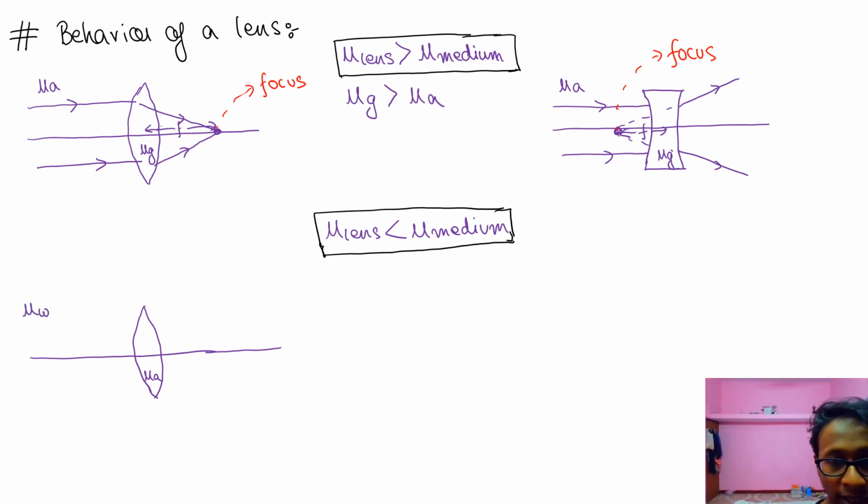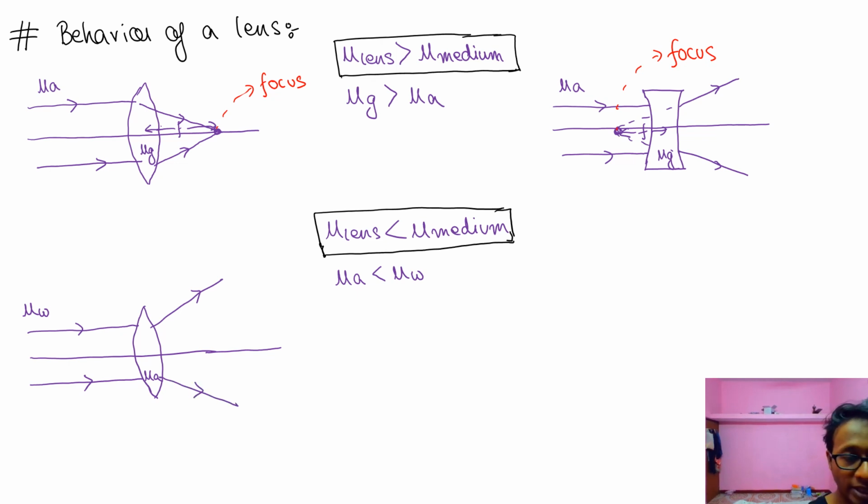So we know that the refractive index of air is much lesser than the refractive index of water. So how will light behave out here? See, a converging lens, when the refractive index of the lens is lesser than the refractive index of the surrounding medium, will behave as a diverging lens. A convex lens will behave as a diverging lens.